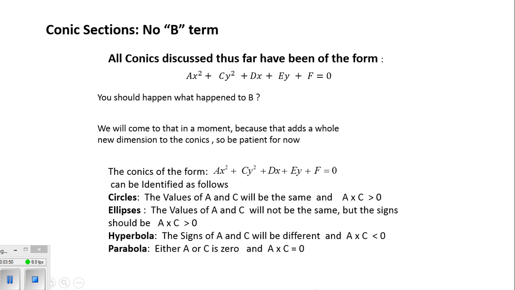And lastly, the parabola is where you have either an A or a C, but not both. So A times C is going to equal 0, because one or the other of those is going to be 0. Now bear in mind, this classification is only for these conics where the B term is missing.